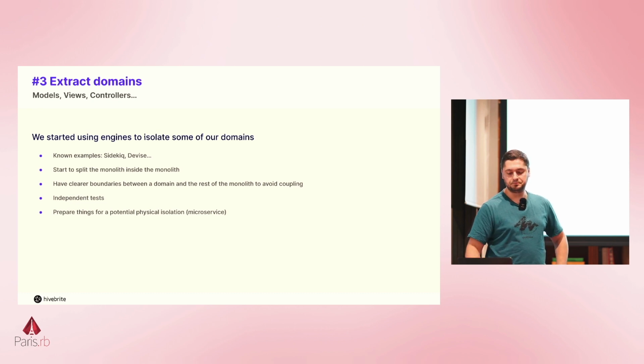And the last thing that is interesting, if you have a long-term vision of extracting some business domain into a microservice, it's an interesting first step where you first isolate things at the code level inside your monolith, and then it's almost ready to extract as a microservice.